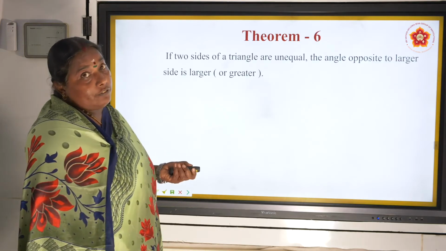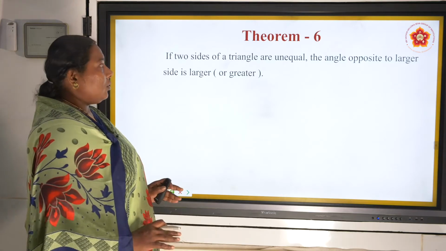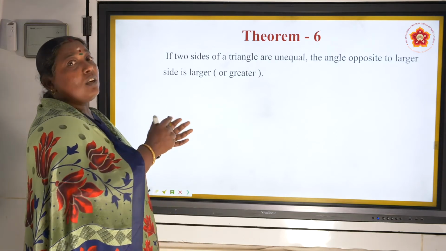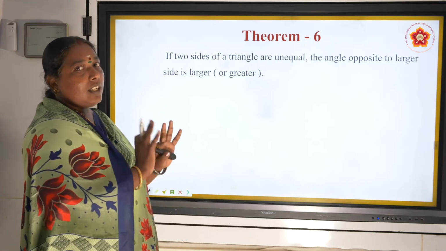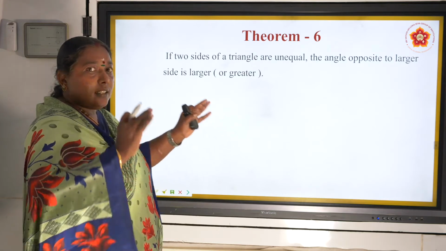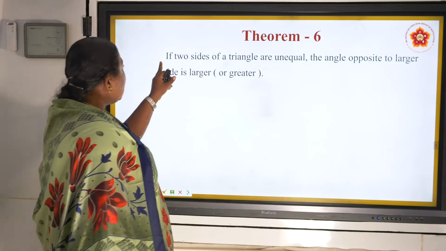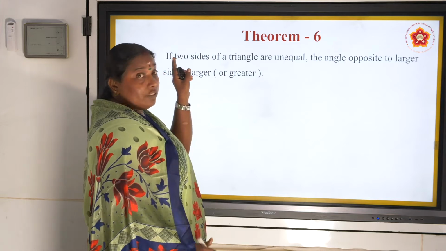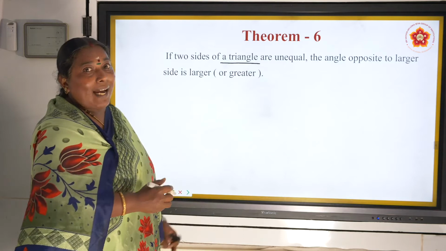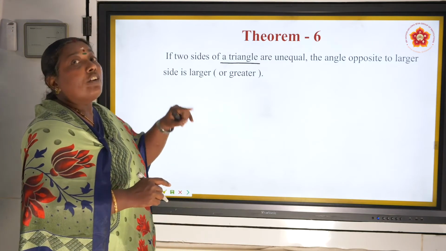So let's see the first theorem. In this session, all the theorems will be very easy. Just this is bigger, so this is smaller. So bigger, smaller, larger, longer will be coming. So don't get confused. Just look at the figure and concentrate on the figure, not on the words. Till now we were comparing two triangles, but now we are going to compare the sides of a triangle.